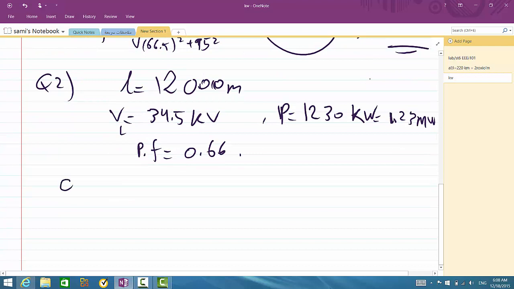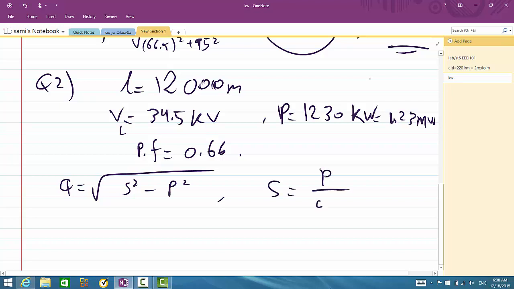To find the reactive power, first we need to find S. S will be P divided by the power factor, so 1230 kilowatt divided by 0.66, and this will give me 1863.6 kilovolt ampere.